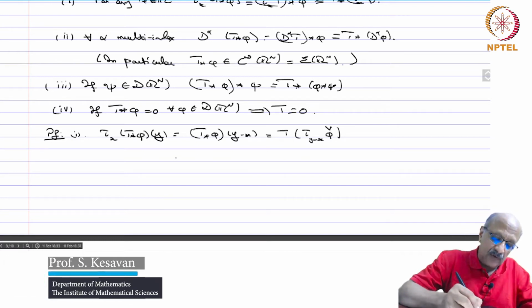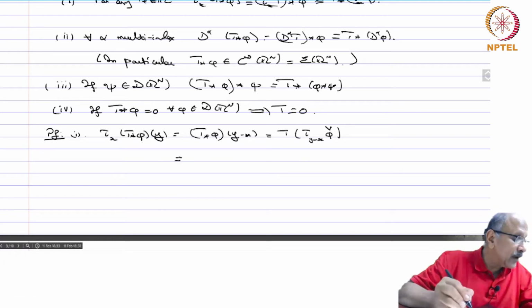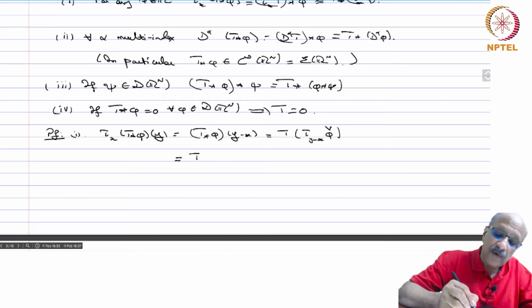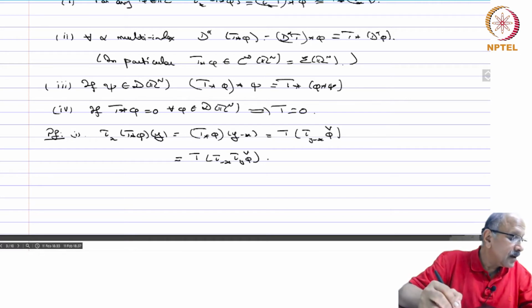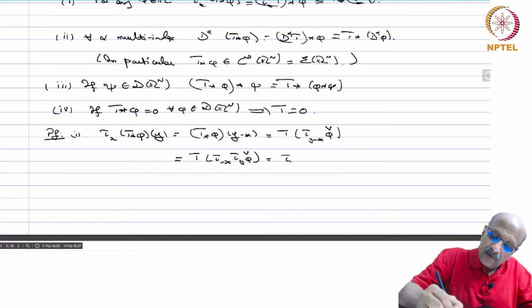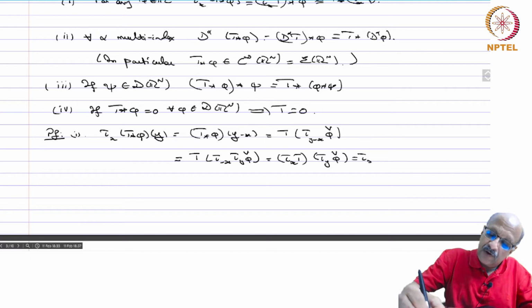Okay, so I can compute it in two ways. So, this is T of tau minus x tau y of phi tilde, which is tau x of T acting on tau y of phi tilde, and by definition this is (tau x of T) star phi evaluated at y.